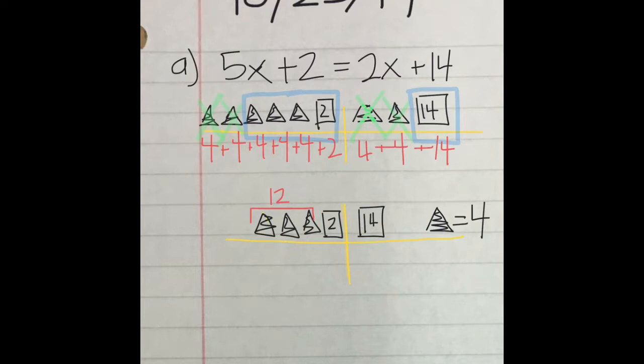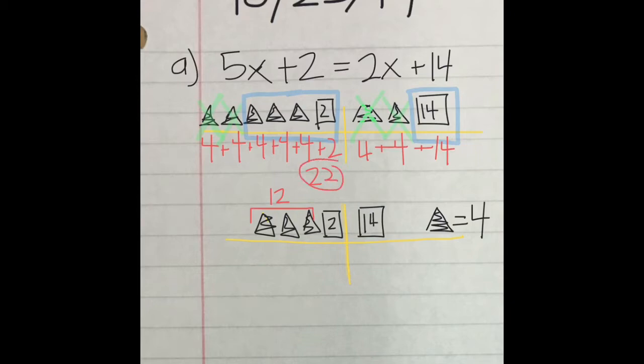So let's see. I've got 1, 2, 3, 4, 5 fours. 5 times 4 is 20. Then I add 2 more, so the left side looks like it's 22.